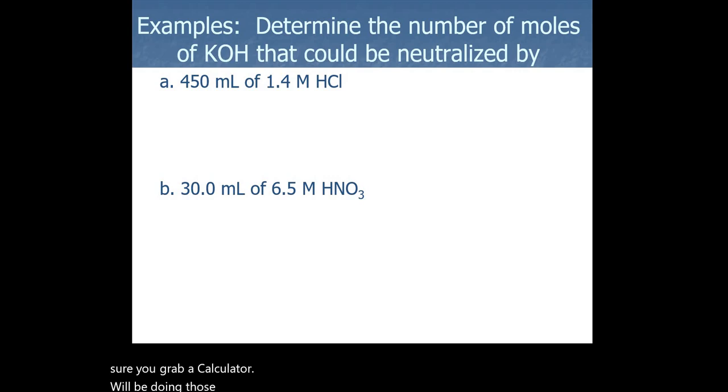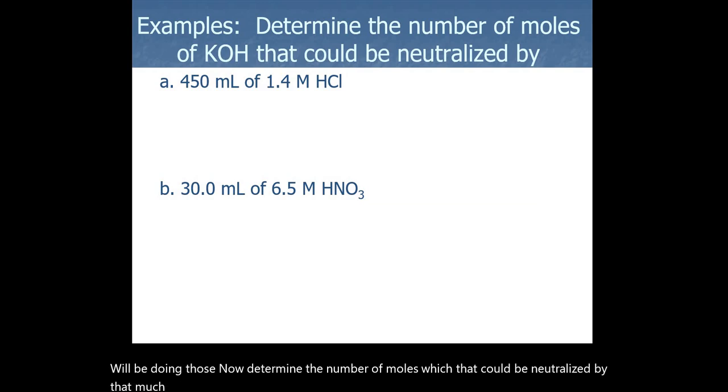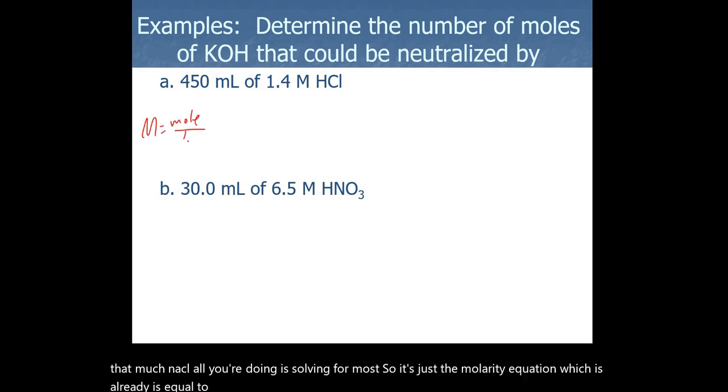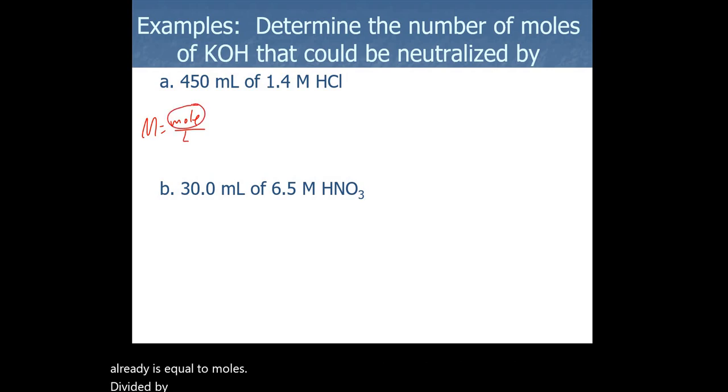Now, determine the number of moles of KOH that can be neutralized by that much HCl. All you're doing is solving for moles. So it's just the molarity equation, which is molarity equals moles divided by liters. You're solving for moles, so moles equal molarity times liters.